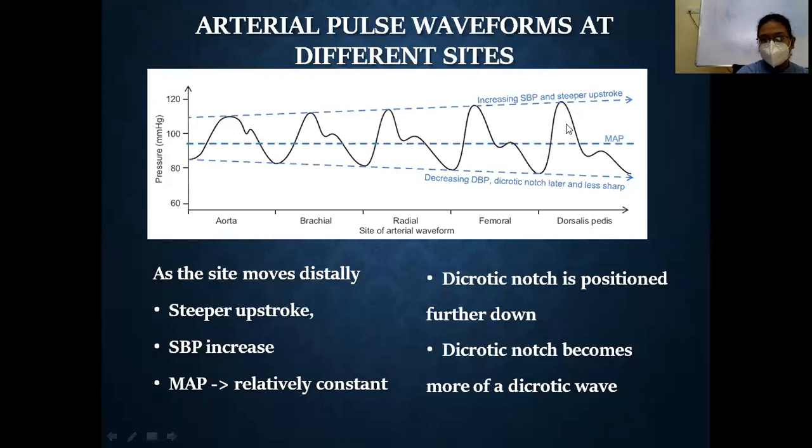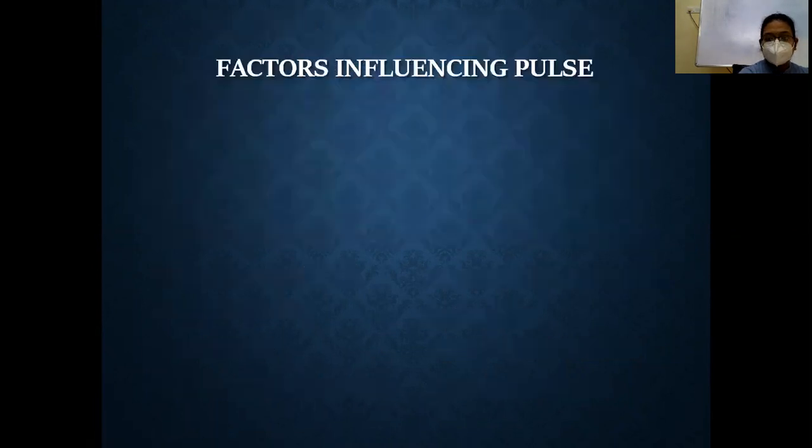The wave, if you compare it with the aorta, which is more smooth, has a proper tip over here, whereas you compare the dicrotic notch, you have a classical notch over here, whereas you look here, it is not as sharp as that in the aorta. And the dicrotic notch is positioned at a lower level as compared to that of aorta. So these are the few differences which you would see in the arterial pulse waveforms at different sites.